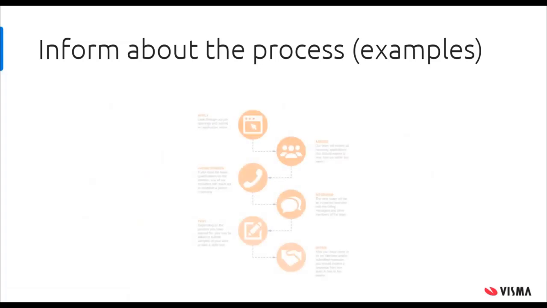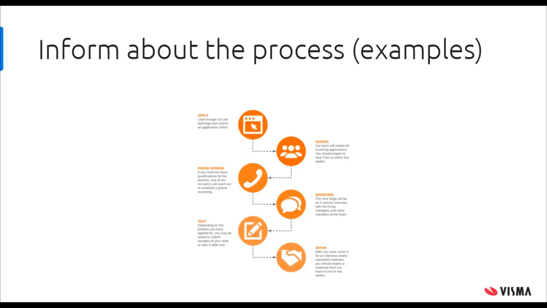So as you have seen here in the presentation, I am saying always inform the candidate what is happening, always inform about the process. So here is an example. So here you have the process. So apply, assess, phone screen, interview, test, and offer. So the idea here is that this image should be visible on the client's homepage.